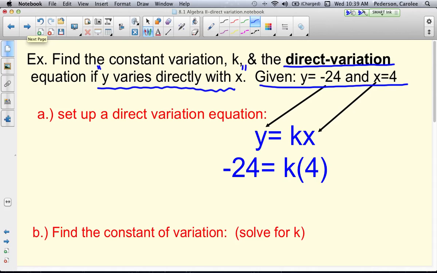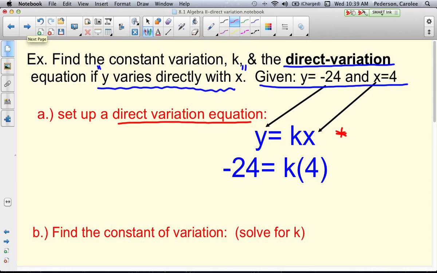We are going to go ahead and set up a variation equation. So I'm going to take this problem a little bit slower than the next examples just because it's the first time you've seen it. So the first thing you do is you identify which of the three formulas. So in this case it's a direct variation. So part A is the direct variation equation, which was on that slide, the three formulas. And this is the formula y equals kx.